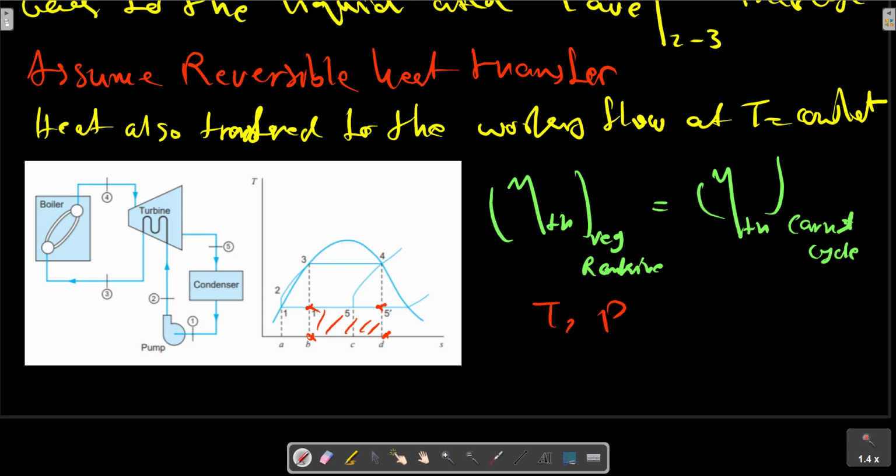Obviously, this idealized regenerative cycle is impractical.